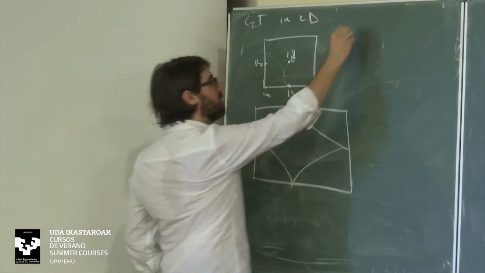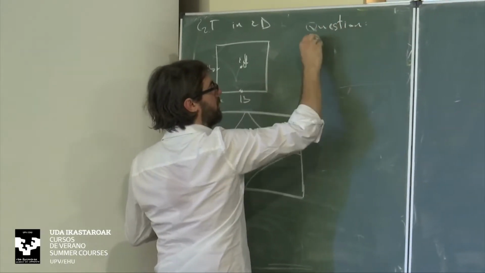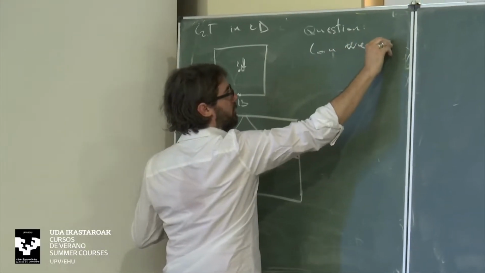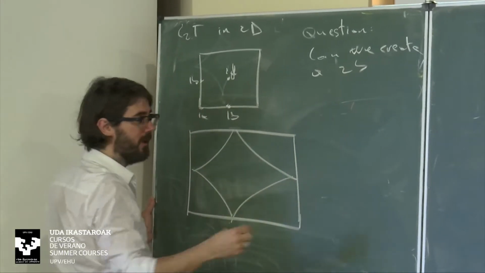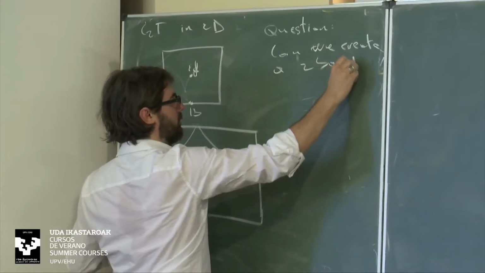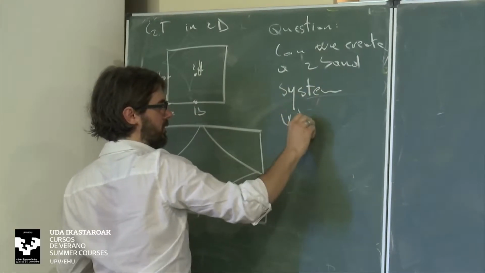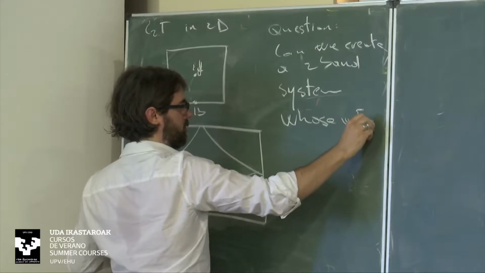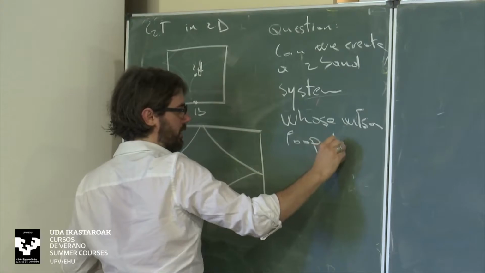So question, can we create a 2-band system, 2 occupied bands, whose Wilson loop winds?